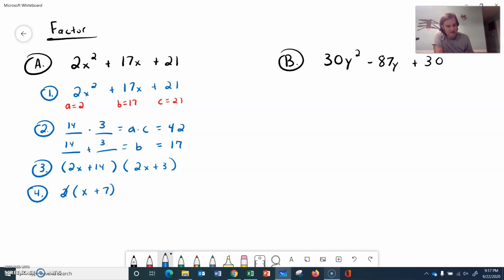And as we talked about, if we pull something out here, we'll throw it away. Nothing comes out of the second set, 2x plus 3. And I'm pretty much done because I didn't pull anything out in step 1. So this is my factored version: x plus 7, and that's all times the quantity 2x plus 3. If none of that made any sense, you probably need to go back and watch the videos of how I'm processing this.